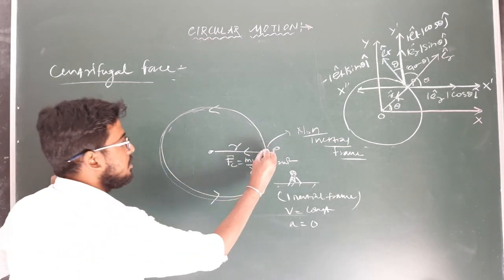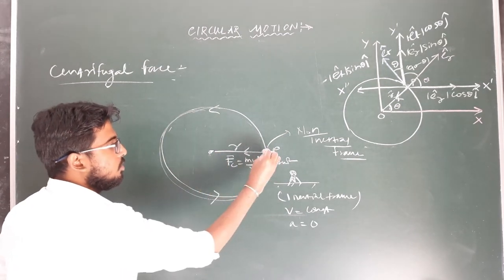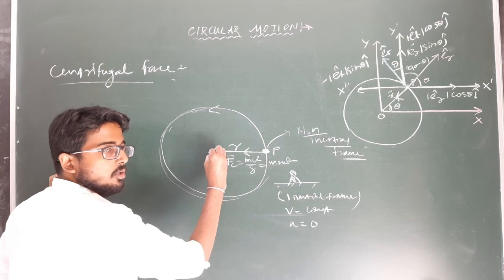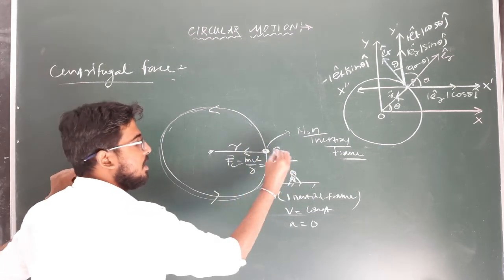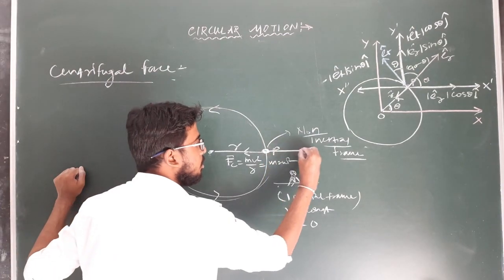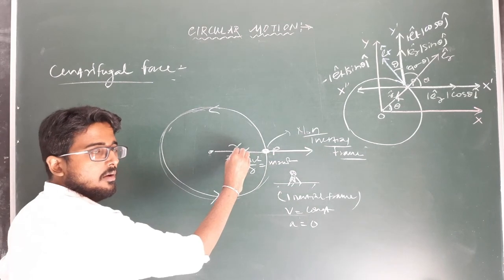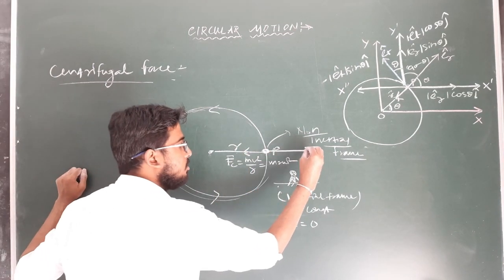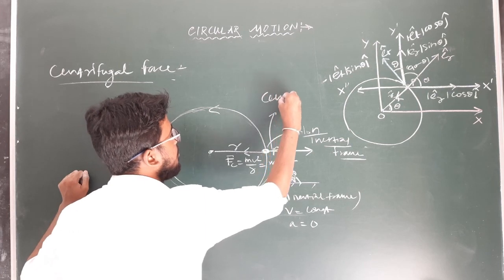But as there is a force acting along the radius towards the center, this particle must move along this direction. So to cancel this force, as for the observer this particle is at rest, another pseudo force or virtual force acts opposite to that of the centripetal force, and this virtual or pseudo force is known as what? Centrifugal force.